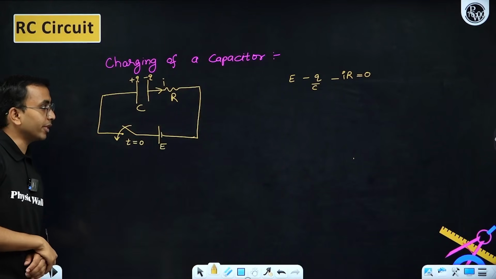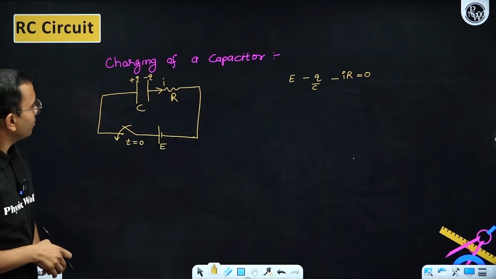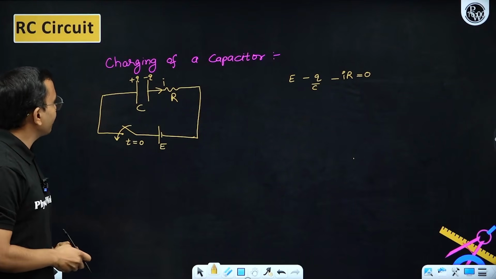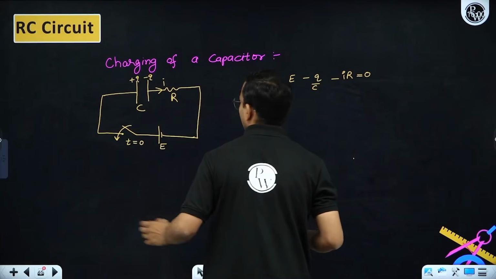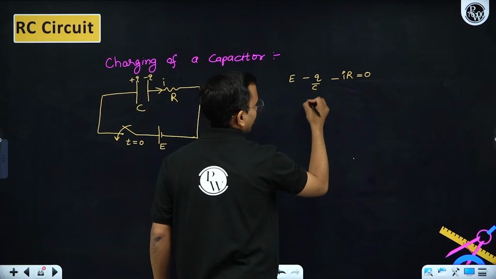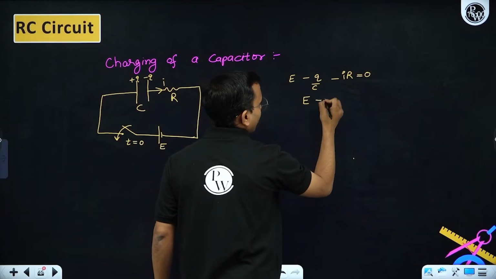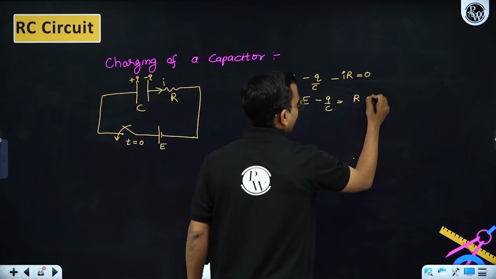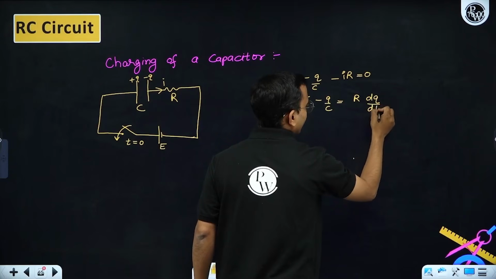This equation we will write, and we know that I is equal to dq by dt. So E minus q by C is equal to R into dq by dt.